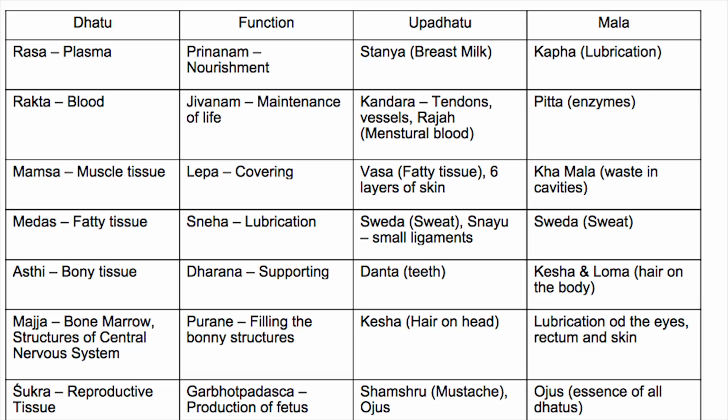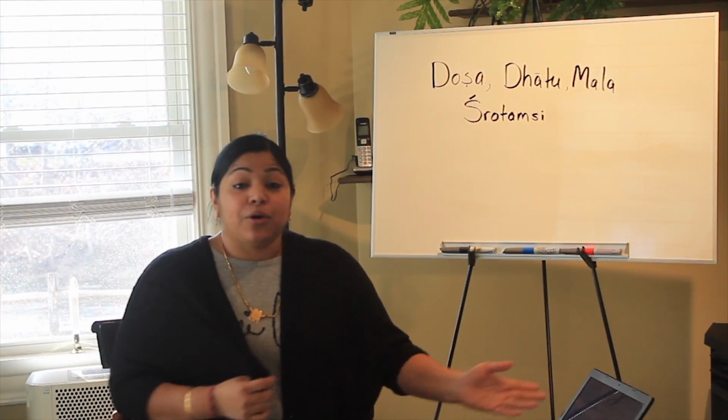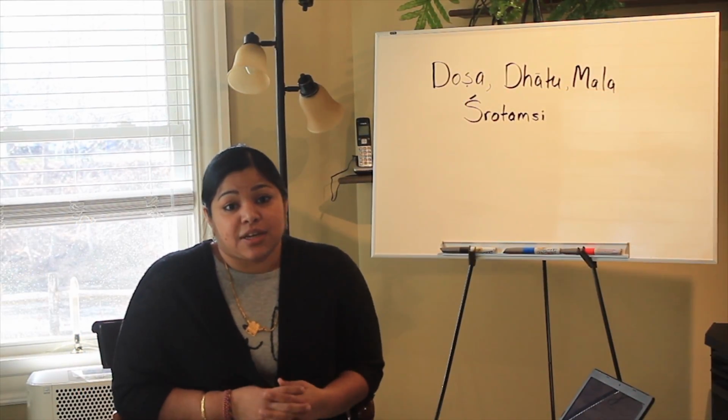So, it may not be very nice for us to have it, but it also indicates the fact that your dhatus are being nourished properly. And the waste product of this process, again, is Ojas. You can't really consider Ojas as a mala, but it's actually the essence or the end product of this whole process. Okay? So here, now we know what the normal functions of the dhatus are.